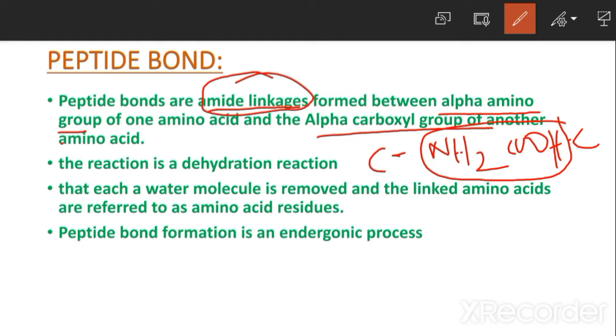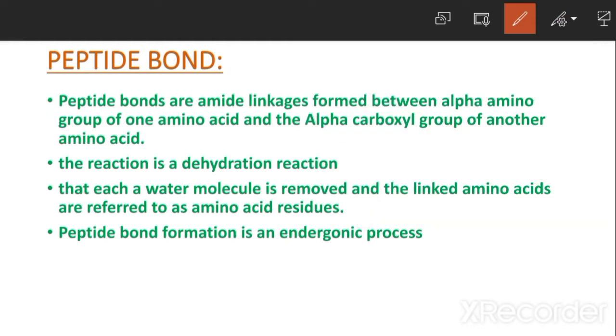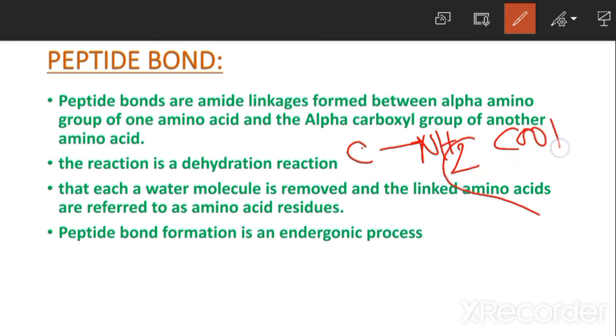How does it create a bond? Here the reaction is a dehydration reaction. Here you see carbon and NH2, where one H is removed, and COOH, where one OH is removed.